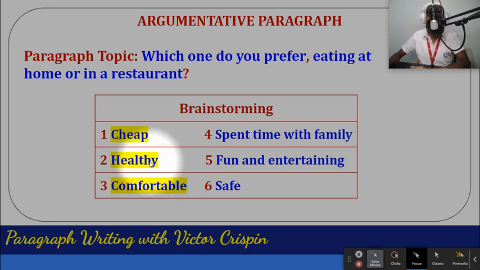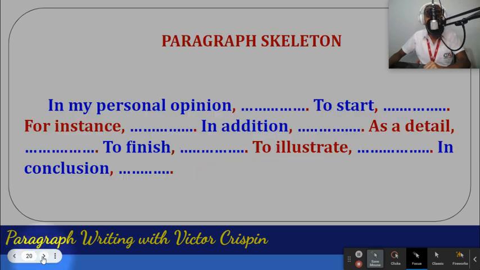For a paragraph, in general, we use just three. Those three ideas turn into supporting sentences. So let's go to the next slide. I'm going to use this paragraph skeleton. So here I already have this structure, and I'm just going to insert my ideas, but I have to turn them into sentences. And I'm going to show you how to do it.